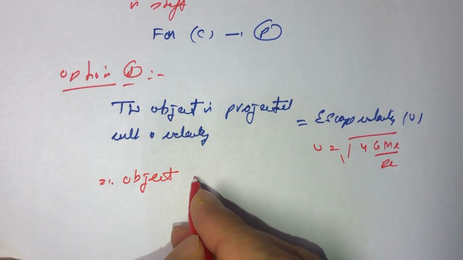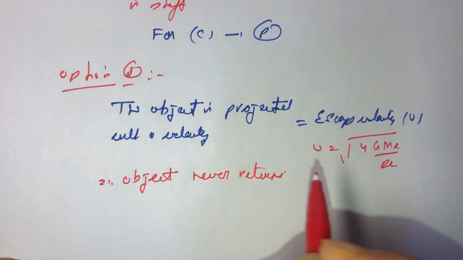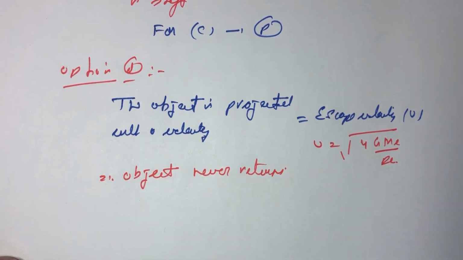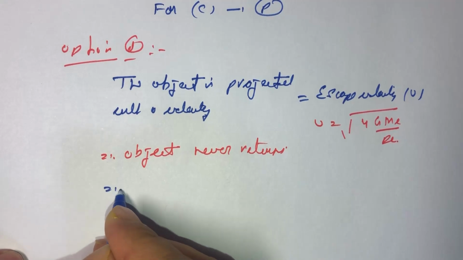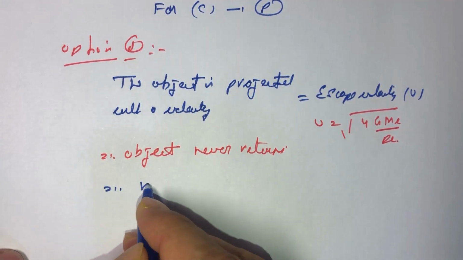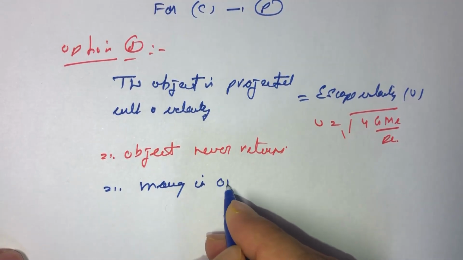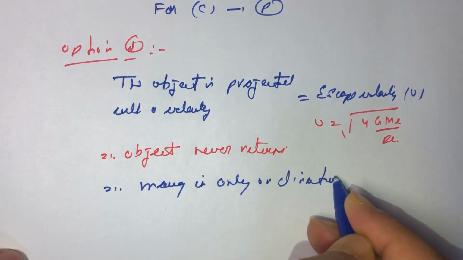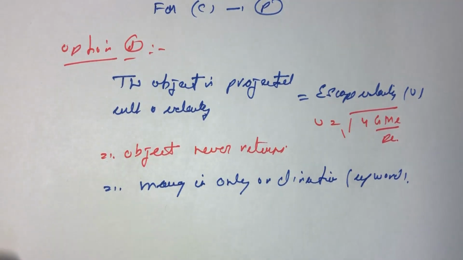Object never returns, and it is only going to follow one direction, that is upward, moving in only one direction, which is upward.